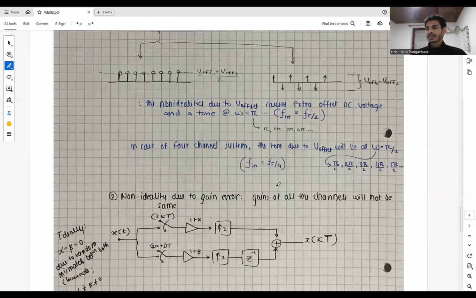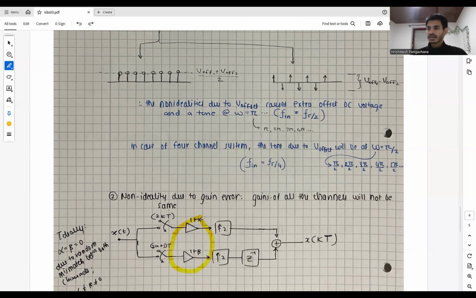The second non-ideality is due to gain error. There exists a gain to the signal whenever we perform any operation in a system. The non-ideality also occurs if the gains of all channels, in this case two channels, are not the same.